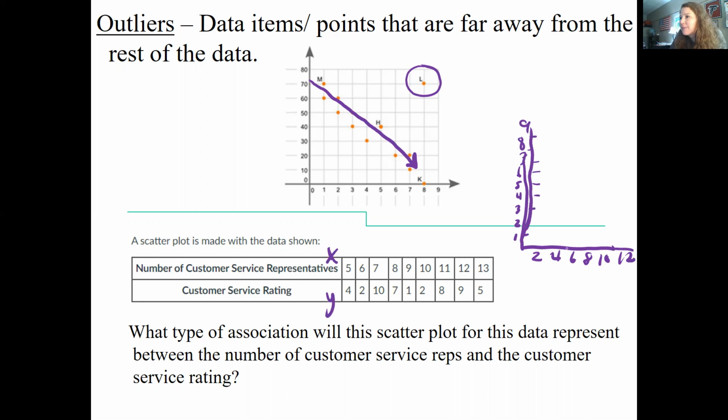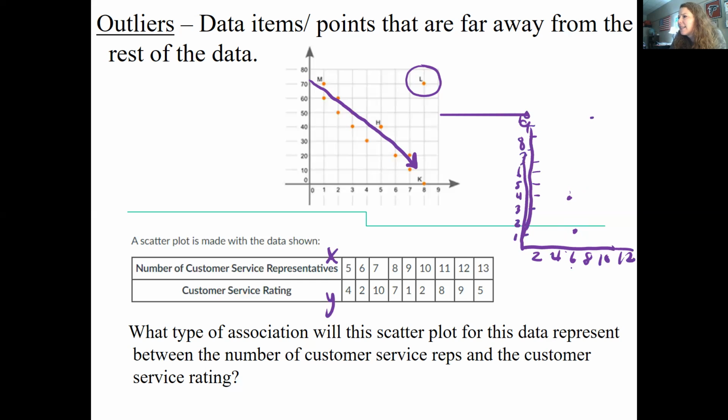So we're going to go 5 and 4, about right here. 6 and 2, 7 and 10. Oh, I've missed 10. We should have a 10 up here, shouldn't we? It's about 10.